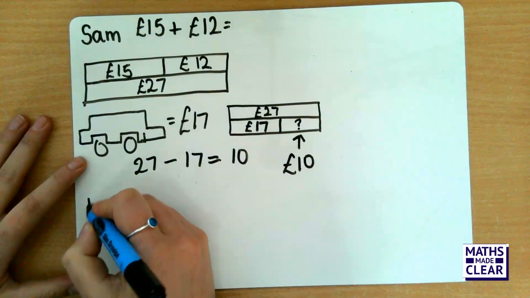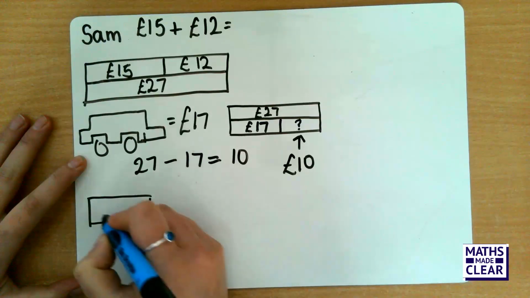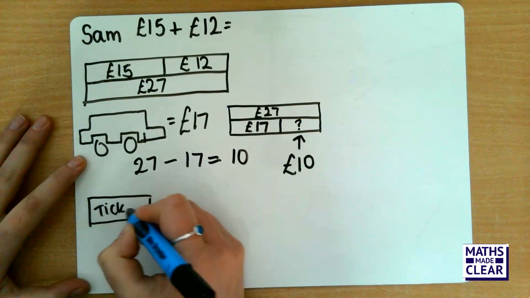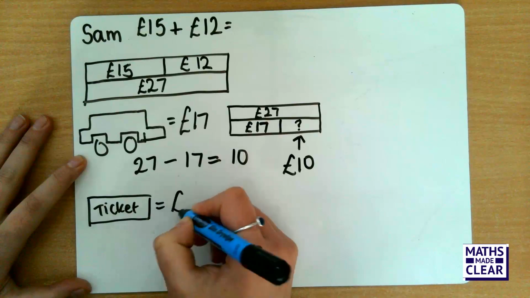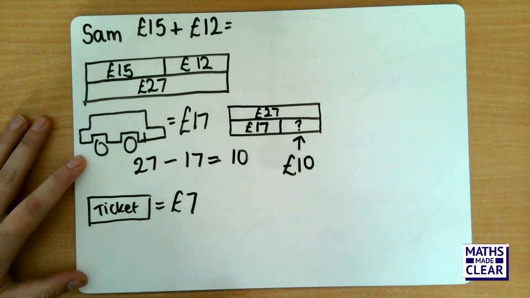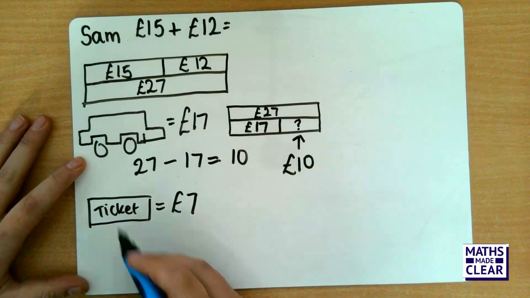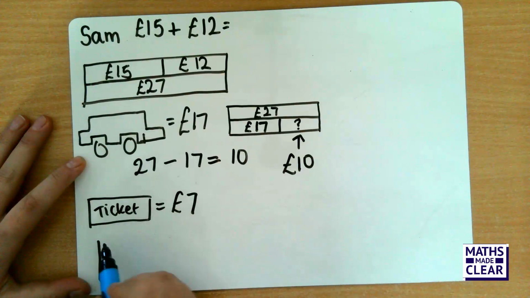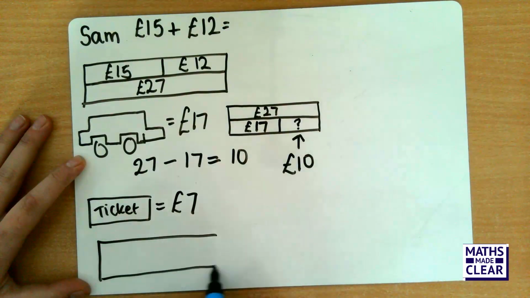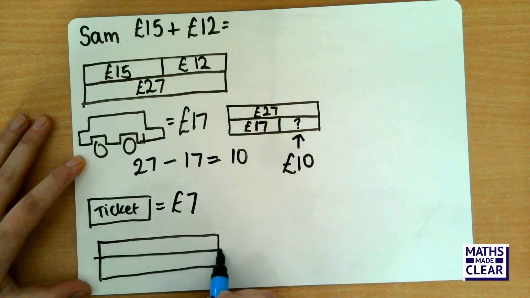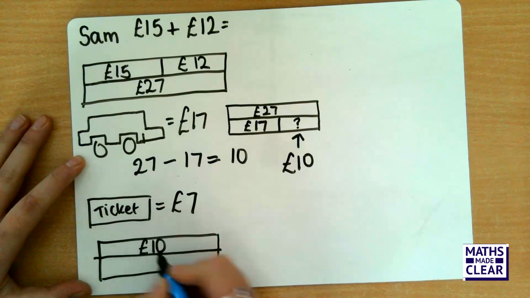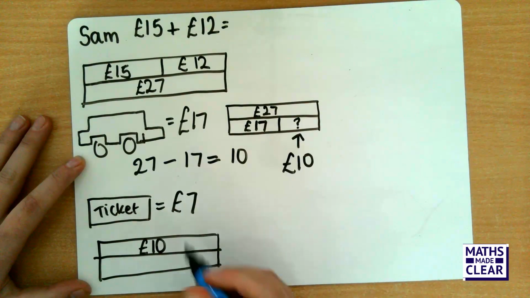So imagine that Sam now wants to buy a cinema ticket with his £10. The ticket costs £7. How much change would Sam get? Okay, well, we could do this again using another bar model. So with this bar model drawn here, you can see that Sam's £10 that he has remaining is at the top.